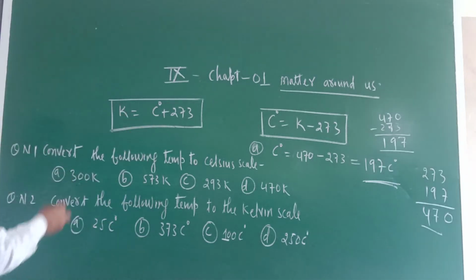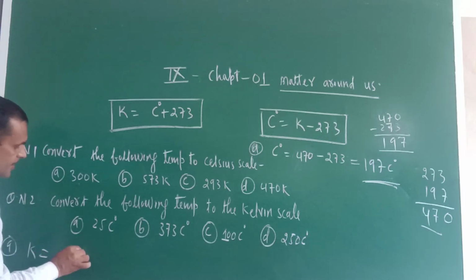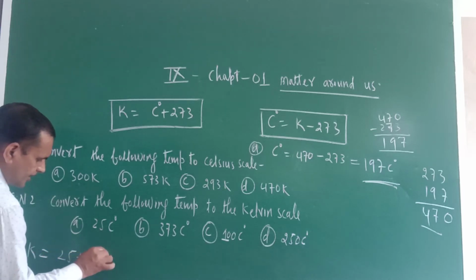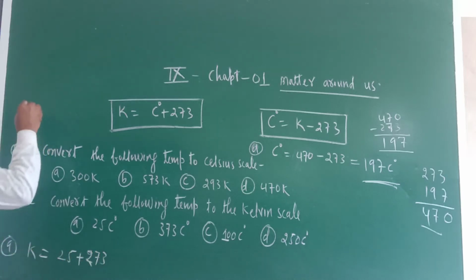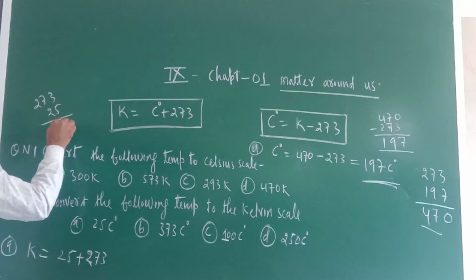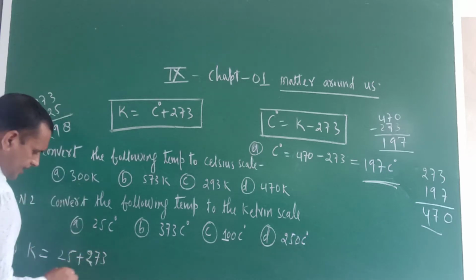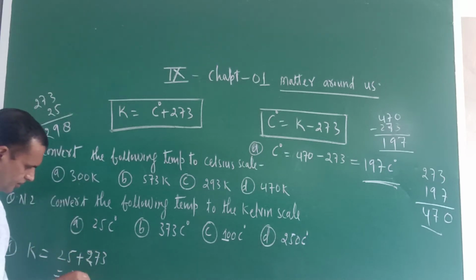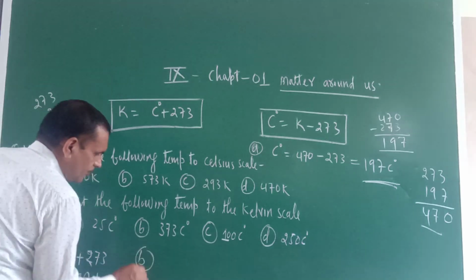So just see, here I am applying K equal to, this is A, 25 degrees Celsius plus 273. So 273 and 25 is 298. So 298 Kelvin.